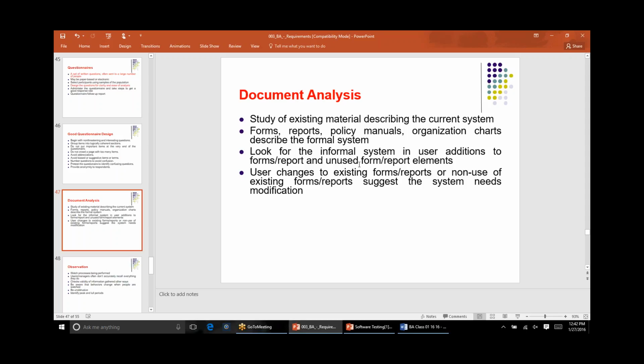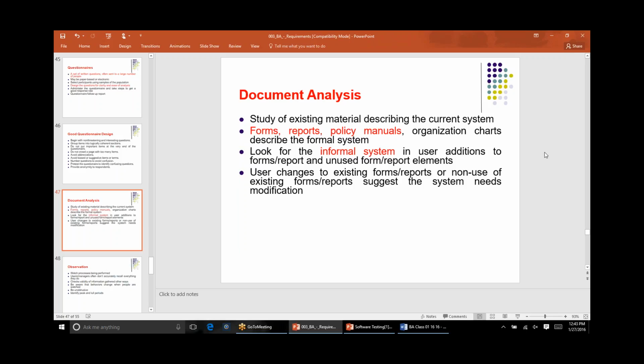Look for various informal information. It is not always formal systems but also informal systems, some kind of side systems, manual systems. You also look for the forms and reports. Forms and reports basically mean, if you are designing this system, what kind of reports you will require. Okay, I want to create a sales order, but do I need a sales order analysis report?